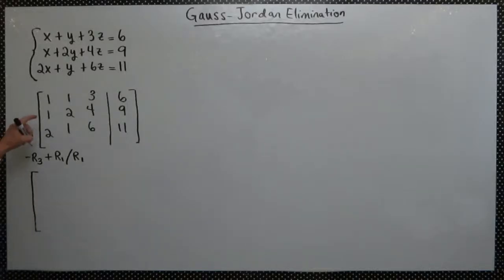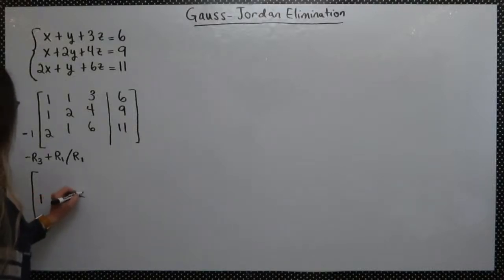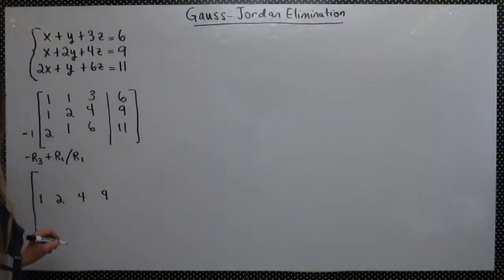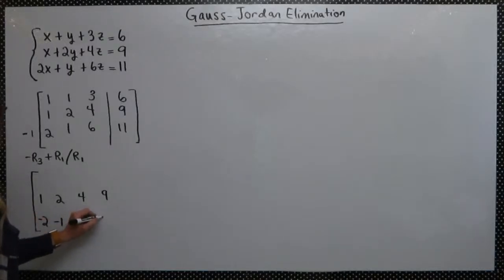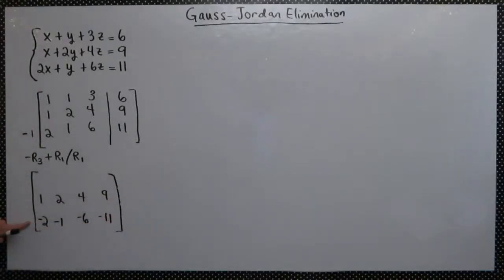So what I'm going to do is write in my second column because it's going to be untouched. So 1, 2, 4, 9. I'm going to go ahead and perform this multiplication here, and so that'll be -2, -1, -6, and -11. And then I'm going to take my new value and add it to my row 1 and see what happens.